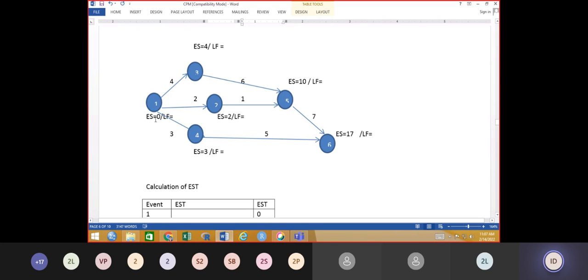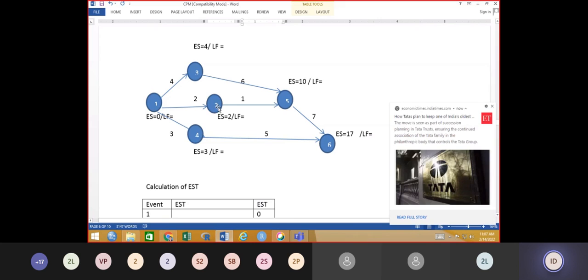That means it will start at 0; earliest start time is 0. The 1 to 2 activity has a duration of 2, so after 2 days this activity is going to finish.